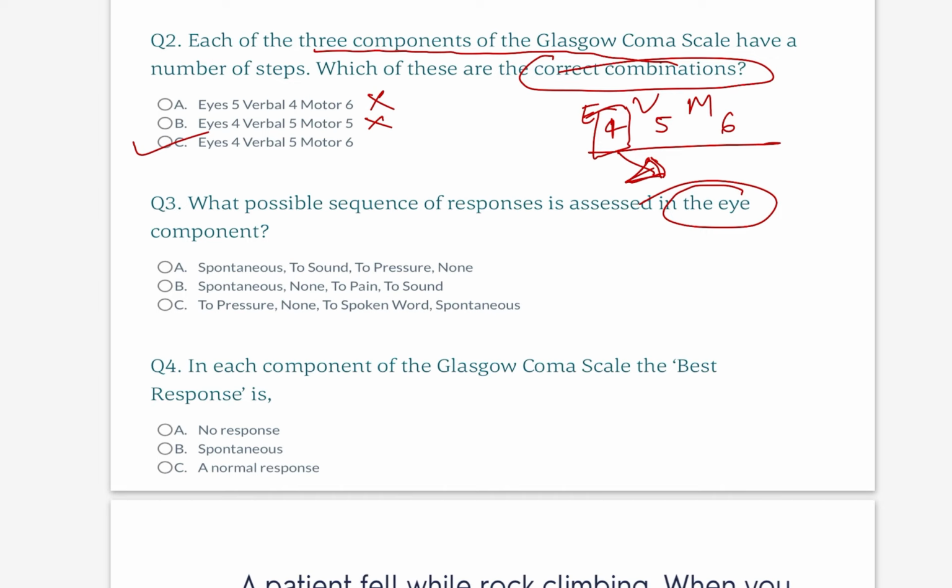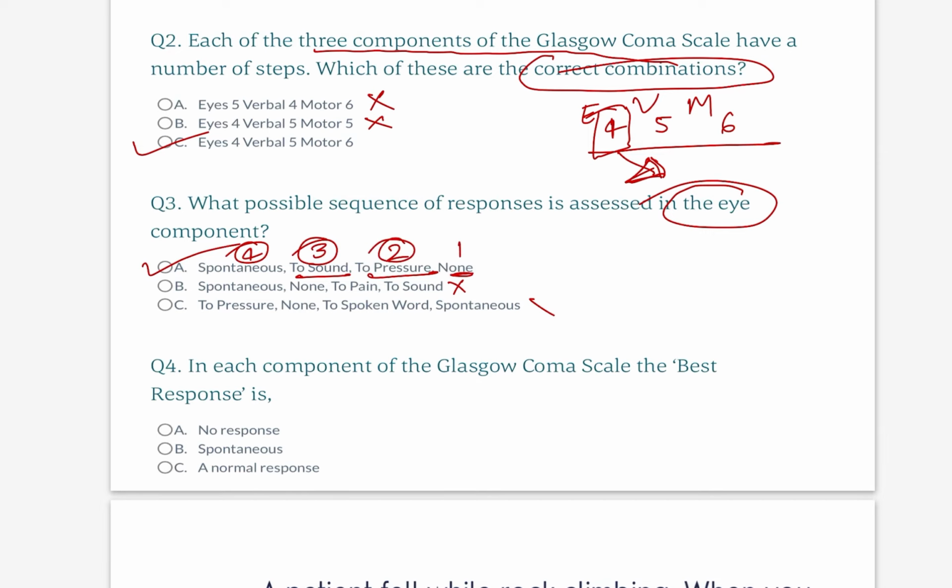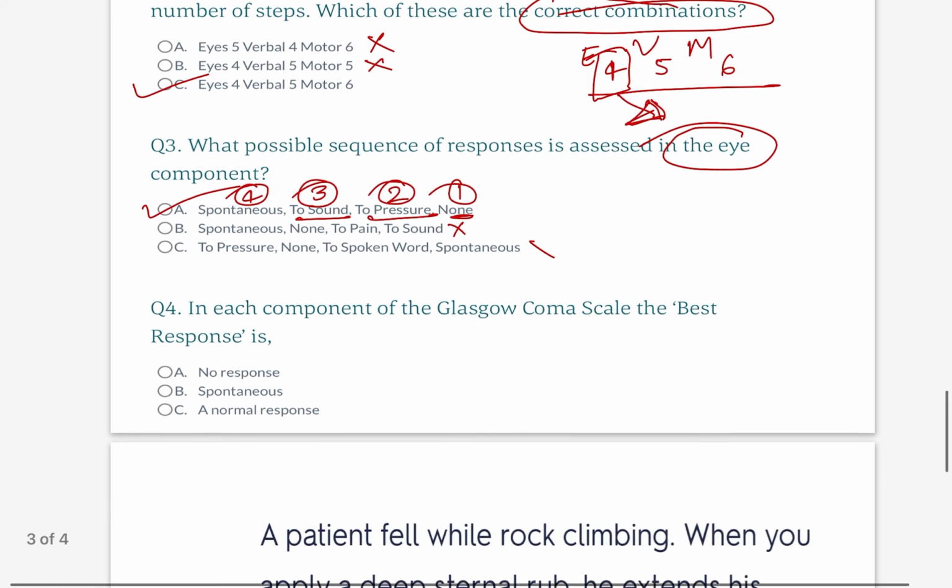Spontaneous, to sound, to pressure, or none. Or spontaneous, none, to pain, to sound, right? Or to pressure. This is the wrong sequence. This is also wrong, and this is the correct one. For spontaneous, we are giving a score of 4. To sound, 3. To pressure, we are giving 2, and none means dead, right?